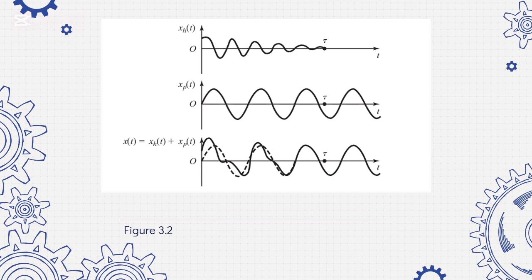The first one, x h of t, is the homogeneous solution, secondly, x p of t is the steady-state response, and x of t is the general solution.